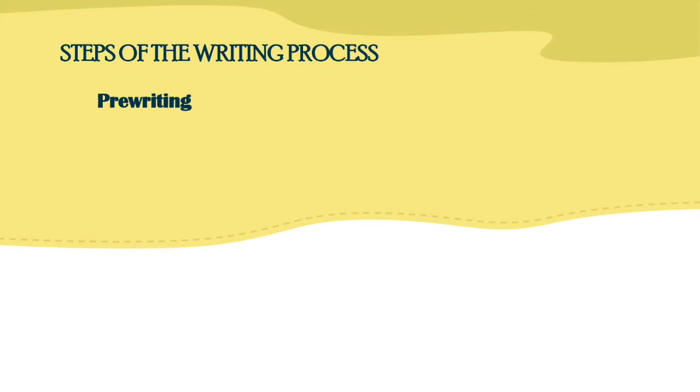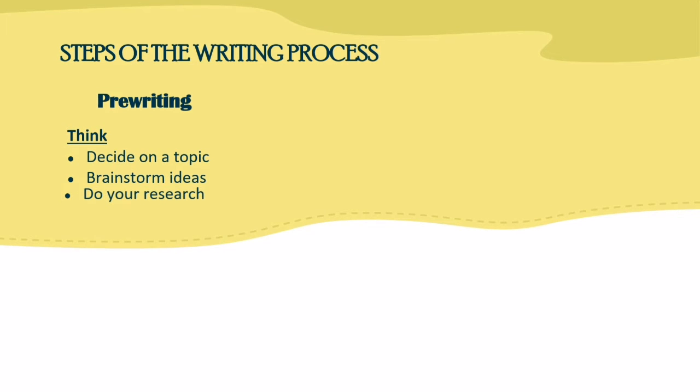I will discuss the steps of the writing process. There are 5 steps for writing. First, pre-writing. In this step, we must decide on a topic, brainstorm ideas, and research the topic.